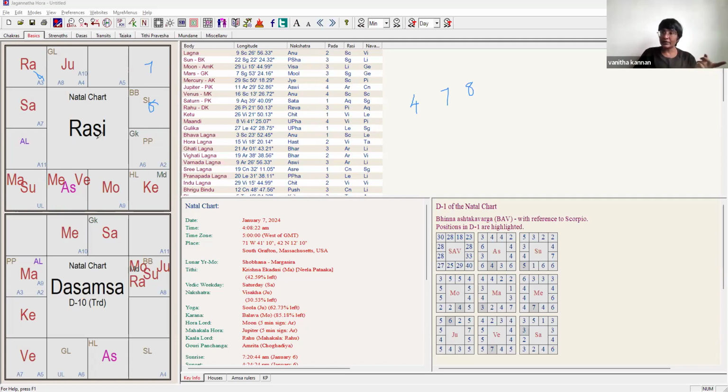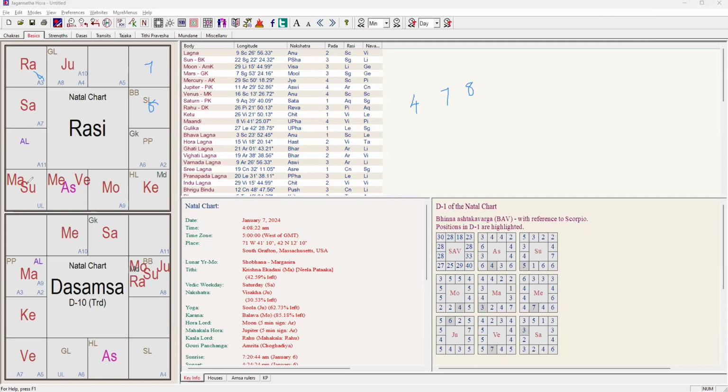But when you are analyzing the Jataka, you have to see all the houses, which Graha is aspecting, which is receiving the aspect. But for our Drikbala example, I'm taking only the first house. The Graha which is in the Lagna: is anything aspecting the Lagna or not? That is our objective here.